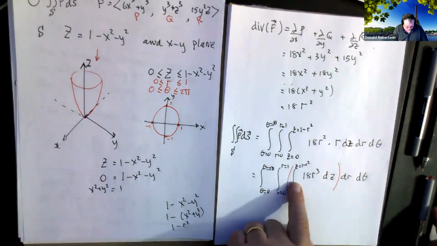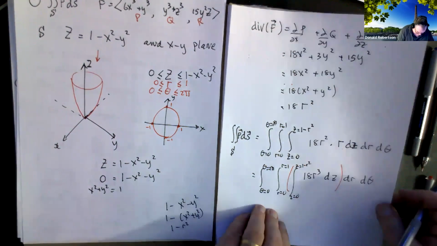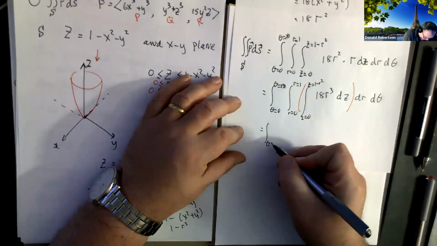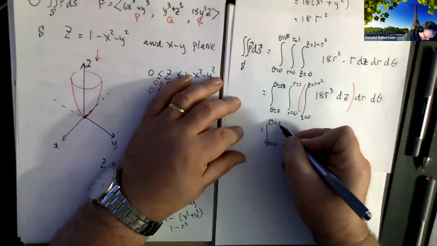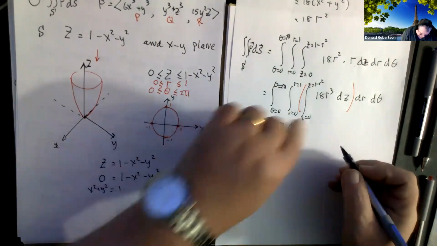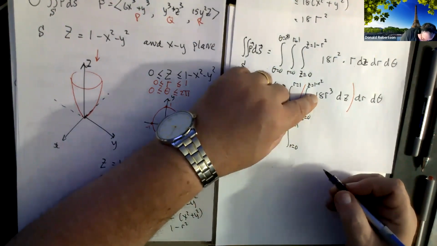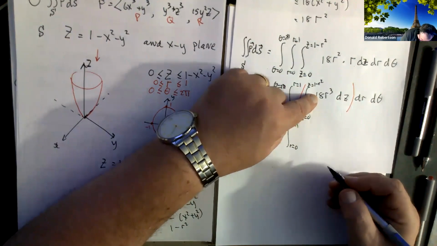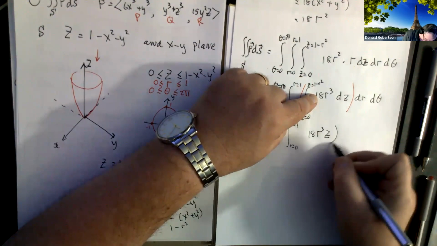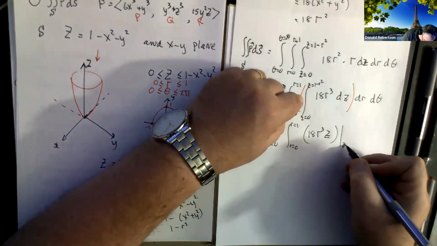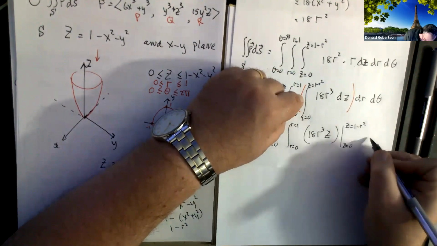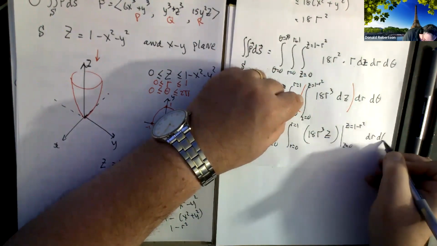Let's do that guy, or at least part of him. With respect to z, this guy is just 18r cubed z, evaluated z equals 0 and z equals 1 minus r squared.